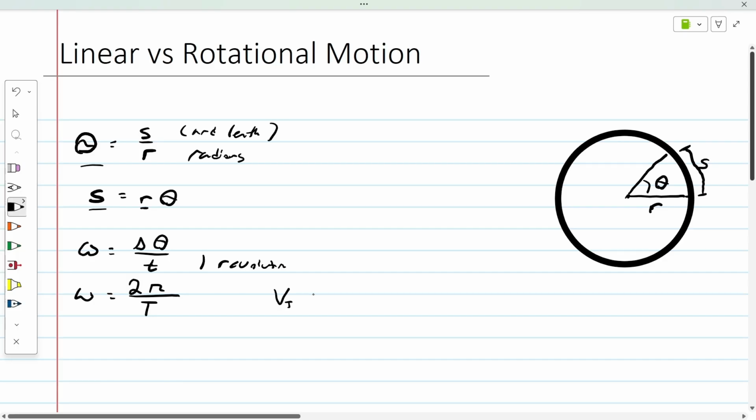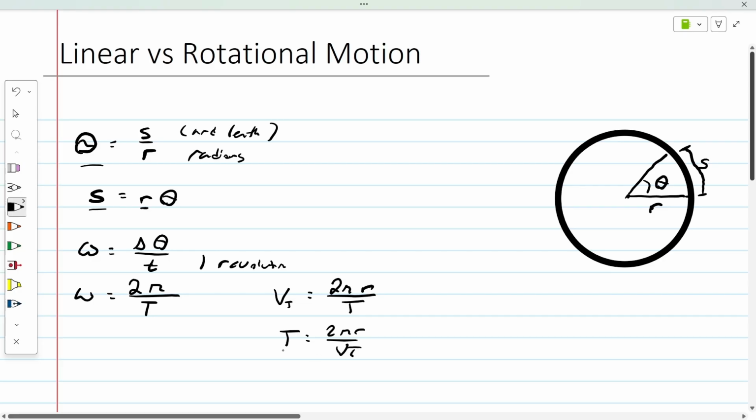Our tangential velocity equation from circular motion needs distance over time. The distance is the circumference, 2 pi r, over the time for 1 revolution, which is T. So now we have T in terms of the tangential velocity, and we can rewrite this as T equals 2 pi r over vt.